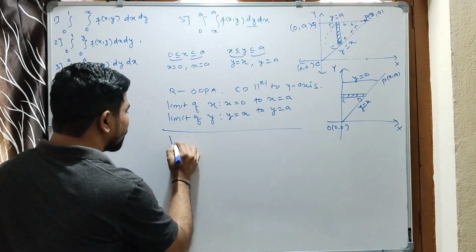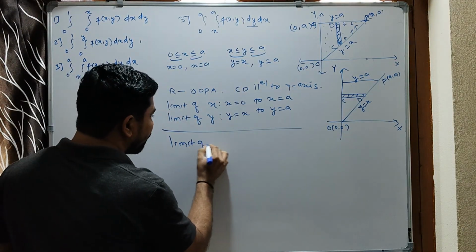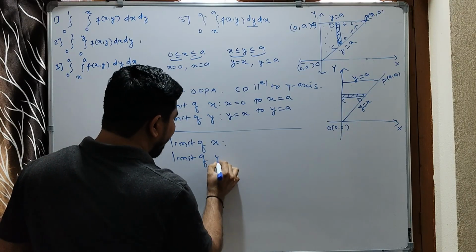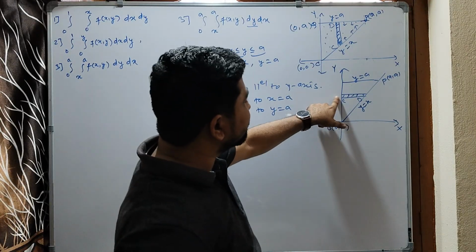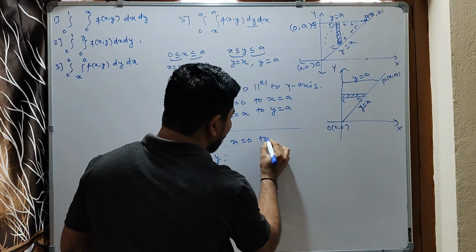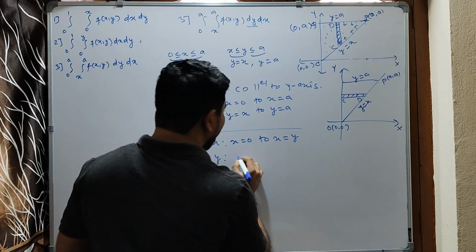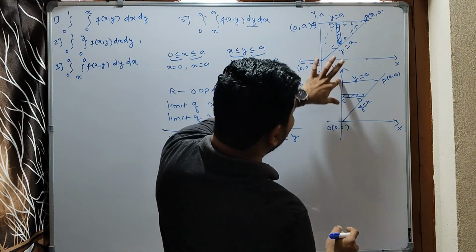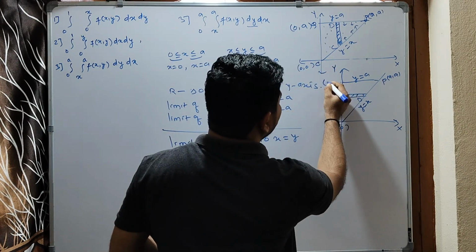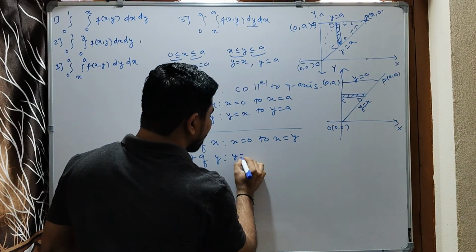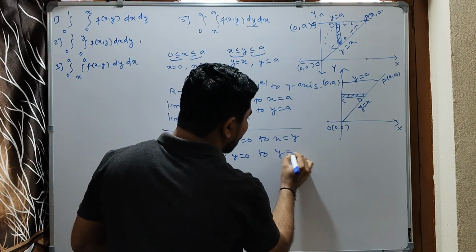Therefore the limits of x are x equal to 0 to x equal to y, and the limits of y, the height along the y axis, are 0 to a. So these are the coordinates (0, a), y equal to 0 to y equal to a.